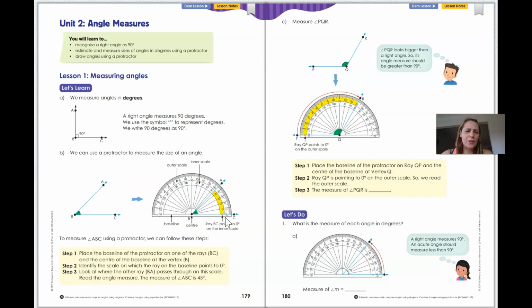Let's measure the angles. So we're going to measure angles in degrees. So if we look at this first part, we don't need to zoom. A right angle measures 90 degrees. We use the symbol, that little zero thing there, to represent degrees. We write 90 degrees as 90°.